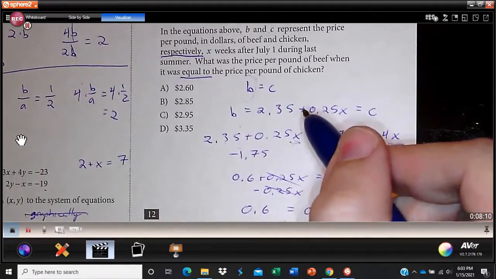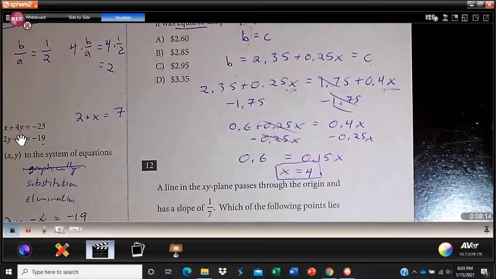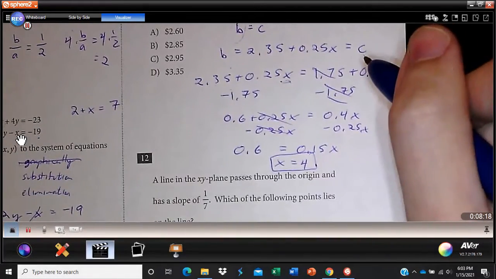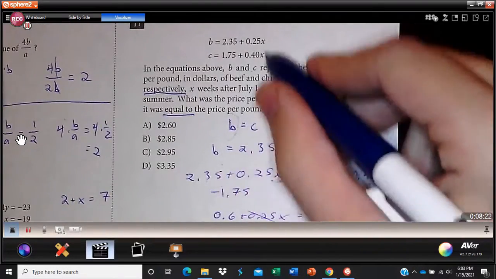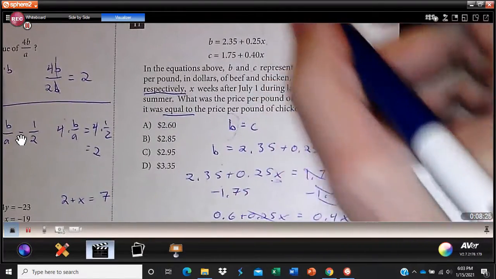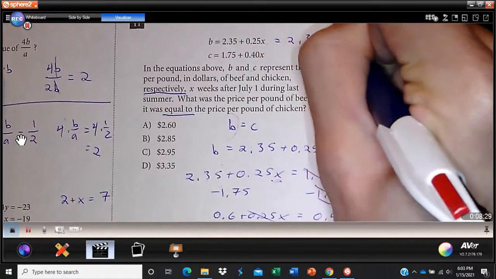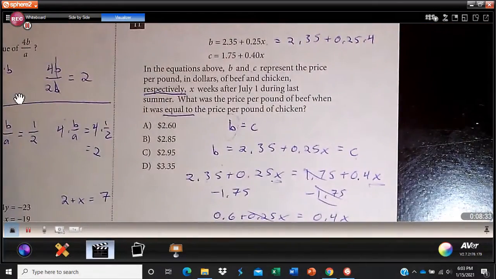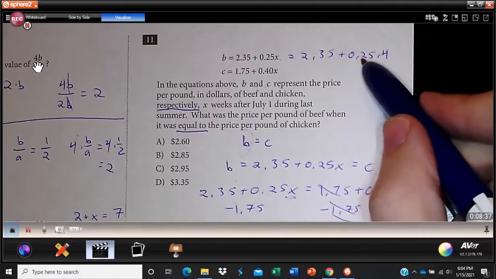Okay, so they're really asking us what's the price per pound of beef or chicken since they're equal. So we have to find what B is. We found what x is, so I'm going to put that in a box because it's royalty. We need to separate it from all the rest of the bad numbers. x is in its own box, and we need to find B. We have an expression for B in terms of x, so let's just plug in our x value. 0.25 times 4.